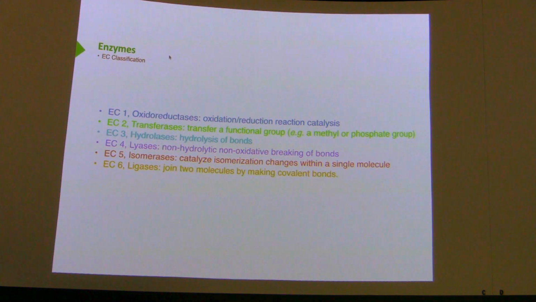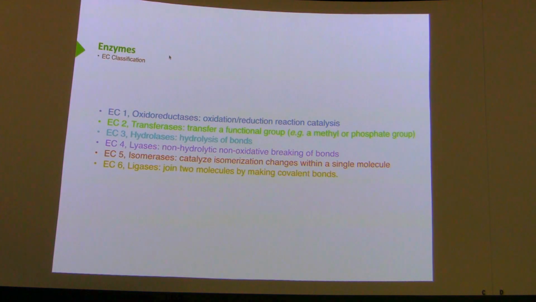Let's finish up what we didn't finish up last time, which was the classification of enzymes. Biochemists are a little different than chemists. Chemists have a periodic table that they can point to all the elements and organize everything very nicely. And so biochemists have always envied that sort of thing with chemists.